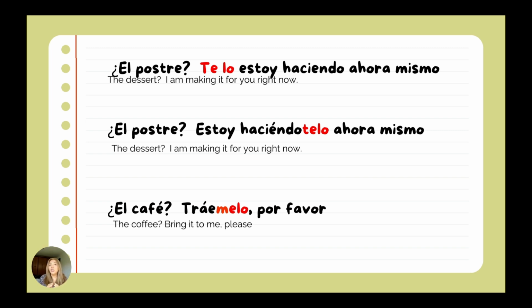We learned that you could put it after, but only if you have two verbs in your sentence. You can put it after the infinitive and attach it, or you can put it after the present participle and attach it. Okay? But if you want to keep things simple, then you can just first learn to use it by putting it before the first conjugated verb.